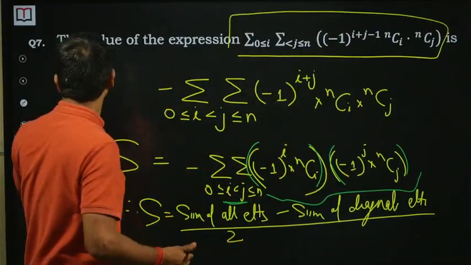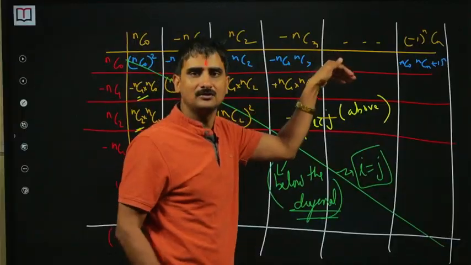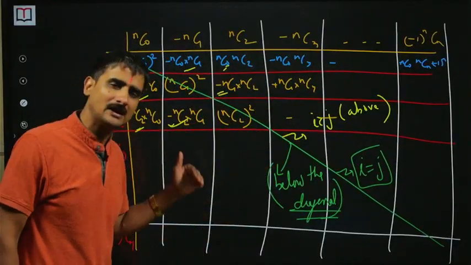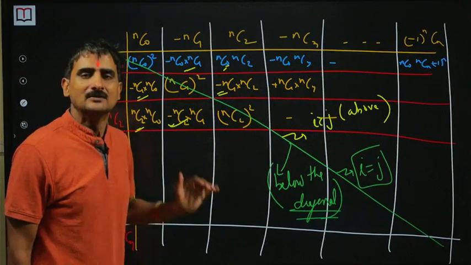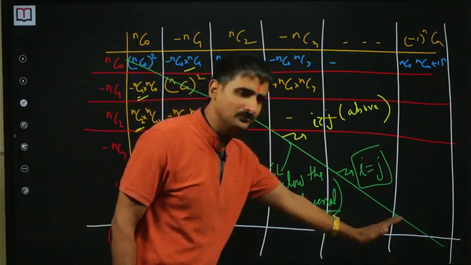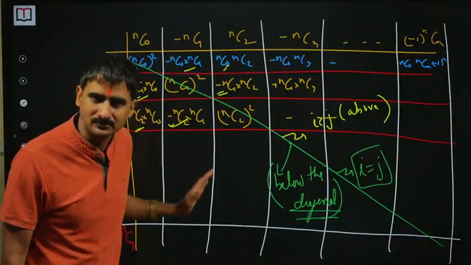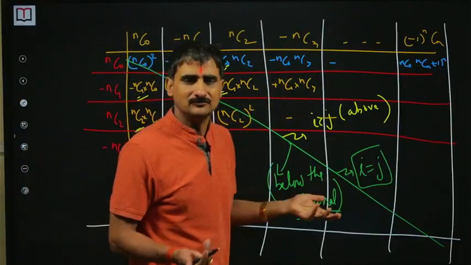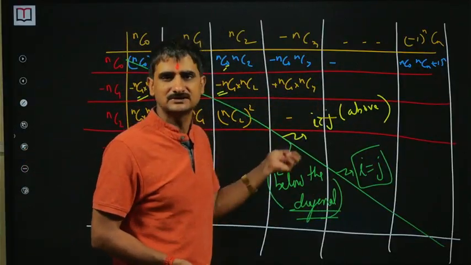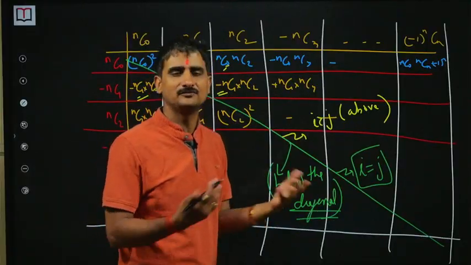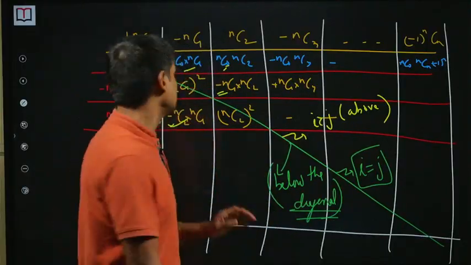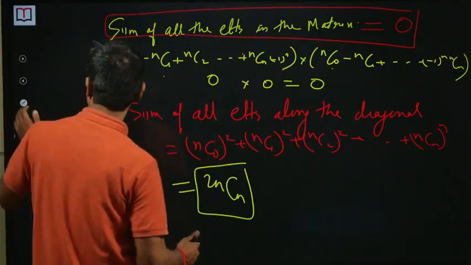Why? Because as I said, the elements above and below the diagonal are exactly the same. In this question we need the sum of all the elements which lie below the diagonal, but since they are the same, if this is P, then P plus P, 2P, plus the diagonal elements gives you the sum of all possible elements in the matrix. So we have the answer.